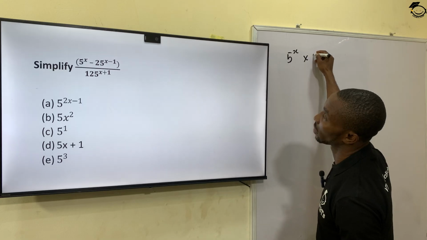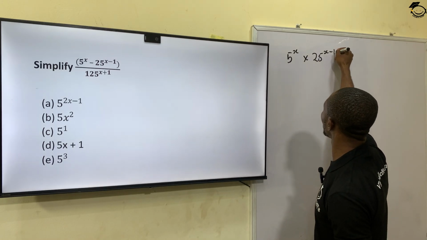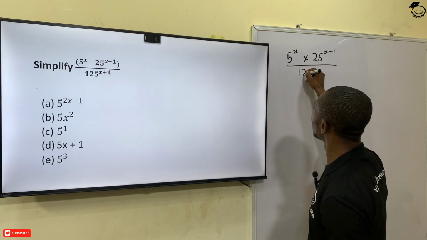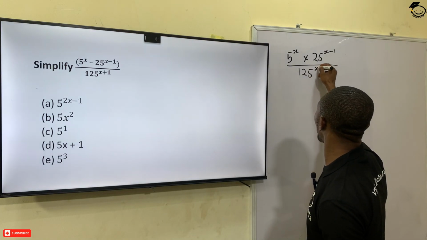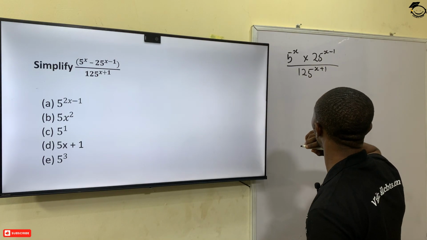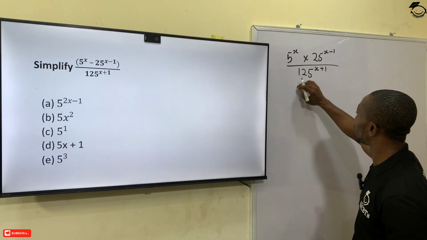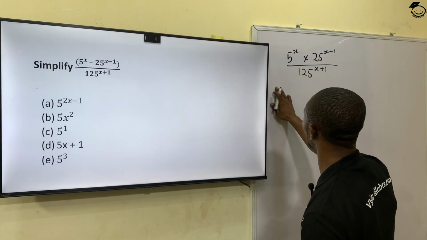The next question says, simplify 5 raised to the power x times 25 raised to the power x minus 1 divided by 125 raised to the power x plus 1. Now these are all multiples of 5, so let's break them down in the base of 5.